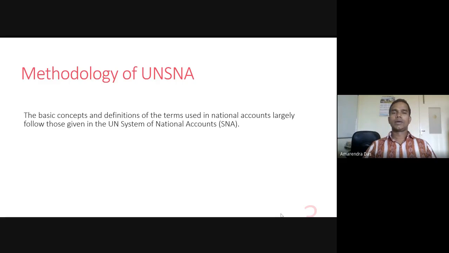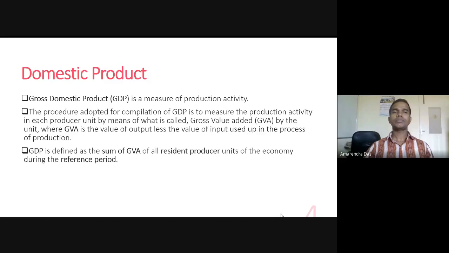India also uses the methodology given by the United Nations System of National Accounts. And recently, that is in the year 2008, the methodology of national income accounting has been revised, and so the present GDP estimation of India basically follows the methodology given by the United Nations System of National Accounts 2008.